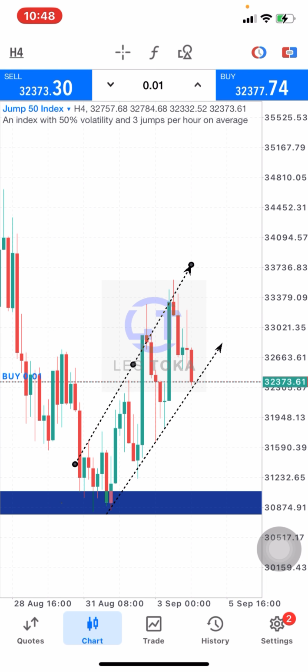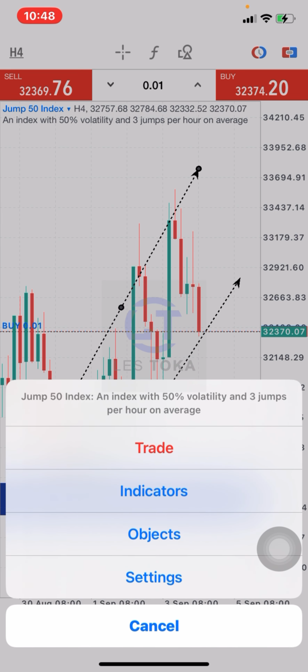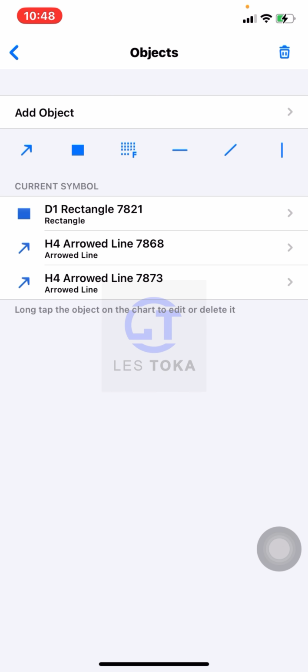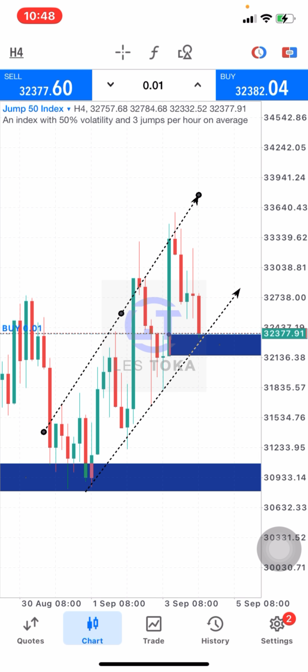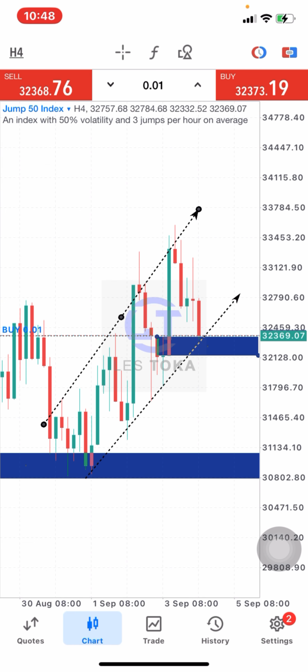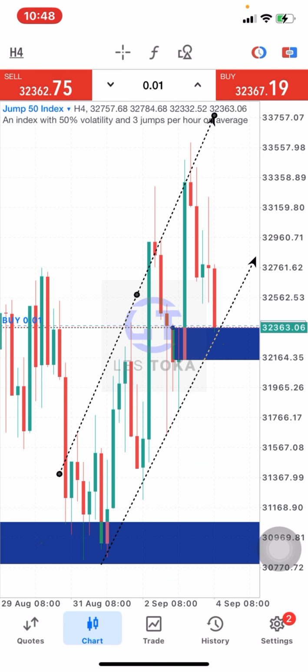So this is a bullish continuation, and the market has failed to break this zone here, or it will fail to break that zone because there hasn't been any candlestick confirmations. But because I have traded such setups before, I know that it's going to bounce from that specific level.